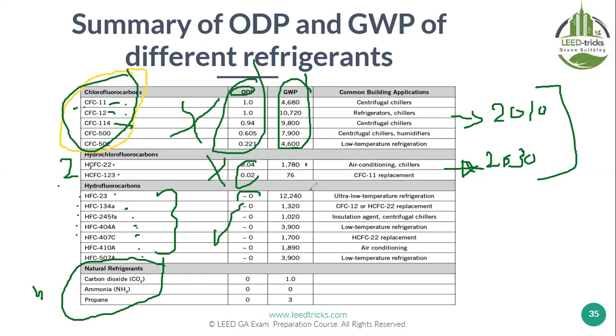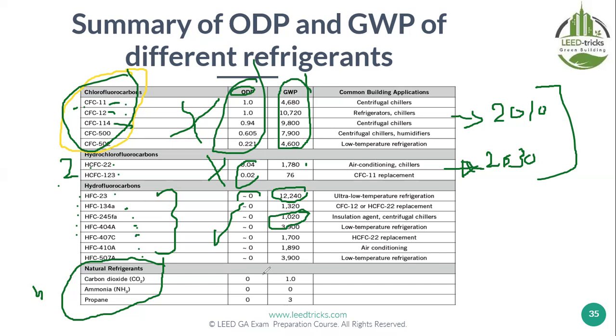But you will notice, and this is an exam trick, the GWP is even higher. So you try to optimize these compounds and get the lowest global warming, but you cannot avoid it anyway in HFCs.